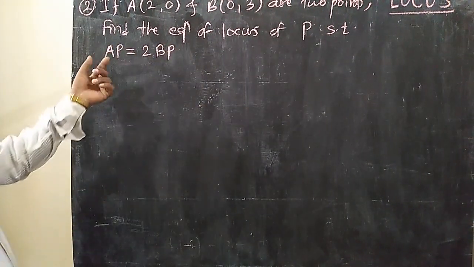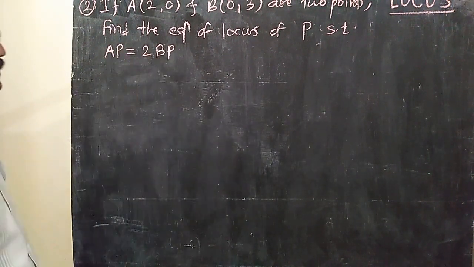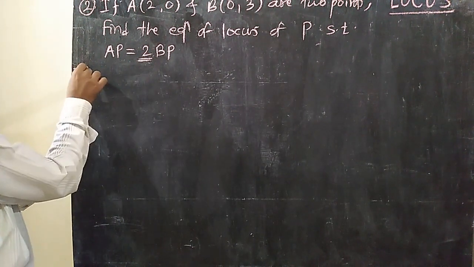In the previous example we have taken AP equal to BP. Now we are taking this multiple 2. That is the change in this example.